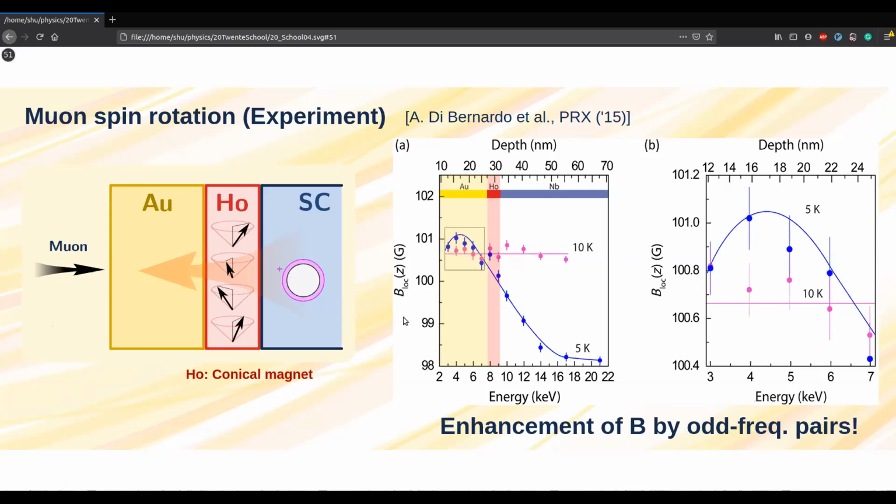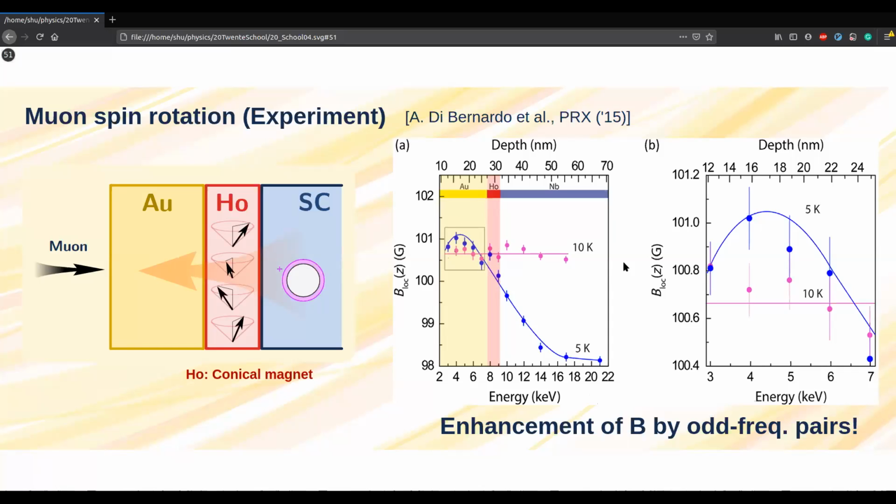The experimental results are shown here. This axis means the depth, and this axis means the local magnetic field. As you can see, below the superconducting temperature of the niobium, the external field is enhanced in the gold layer and screened in the niobium layer.